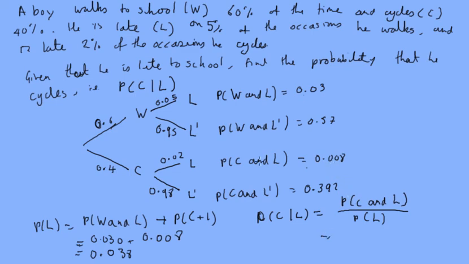So cycling and late was 0.008 over the probability that he was late at all, 0.038, which is going to be 4 over 19, or 0.211. So I hope that makes sense.